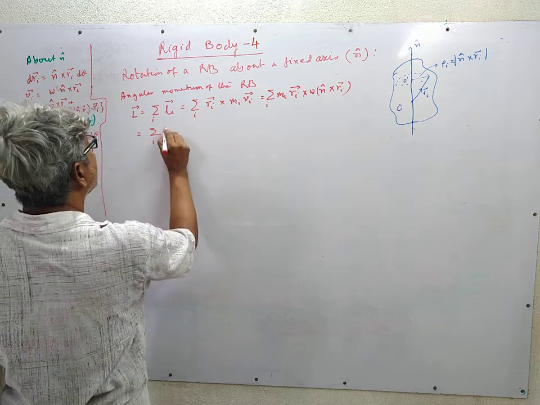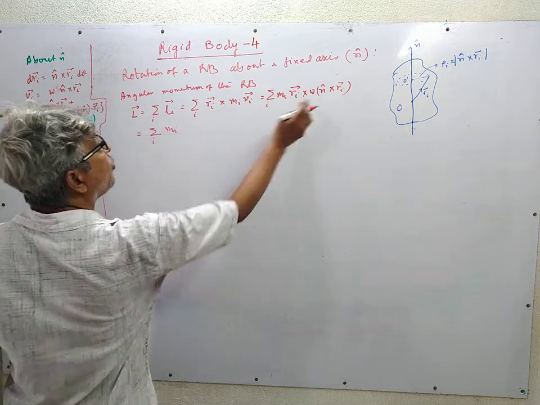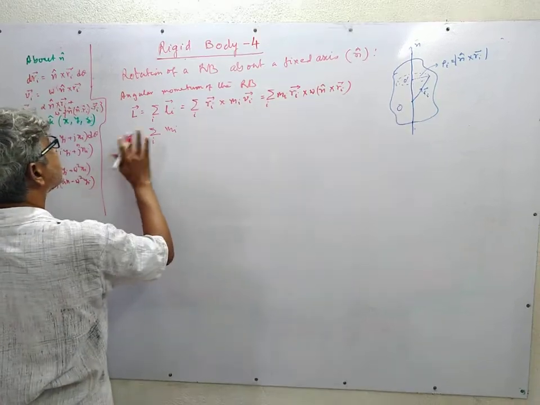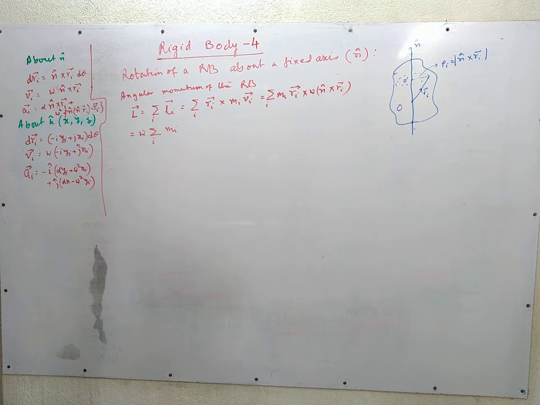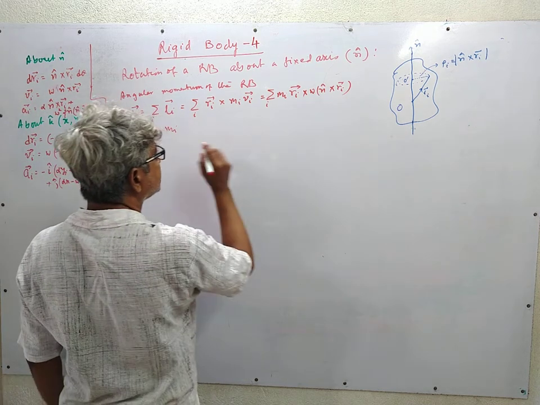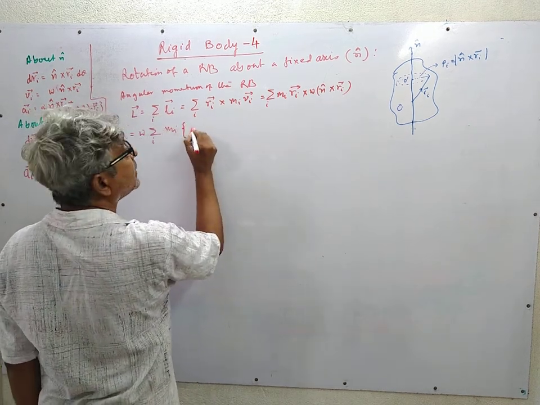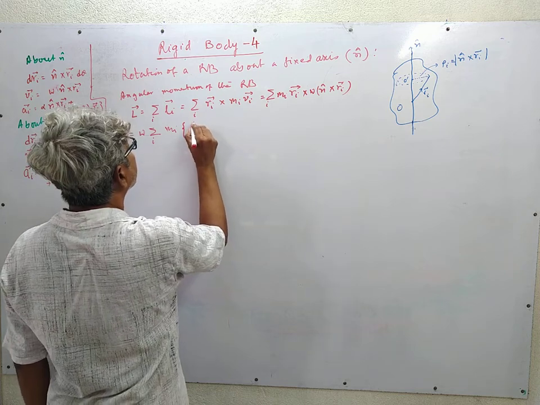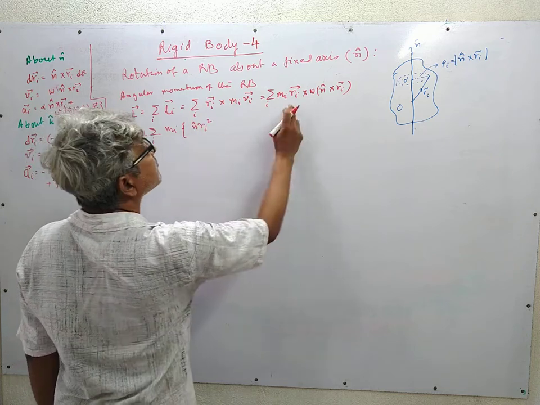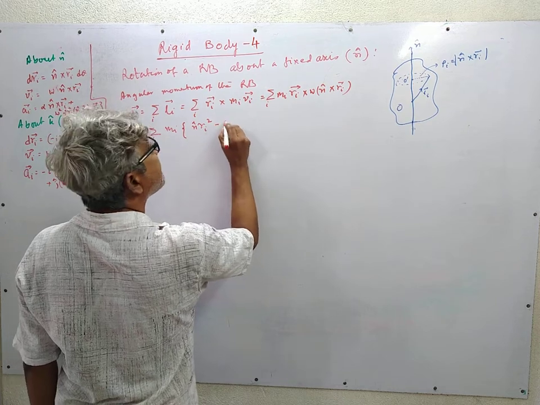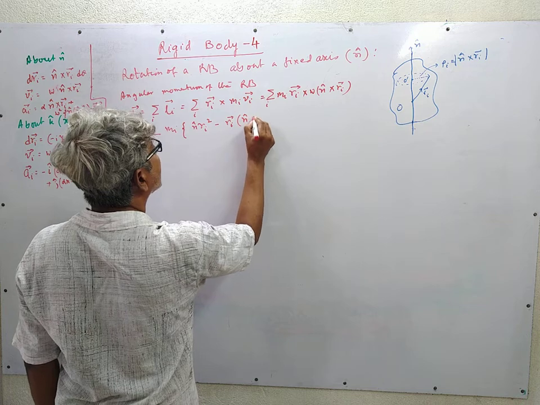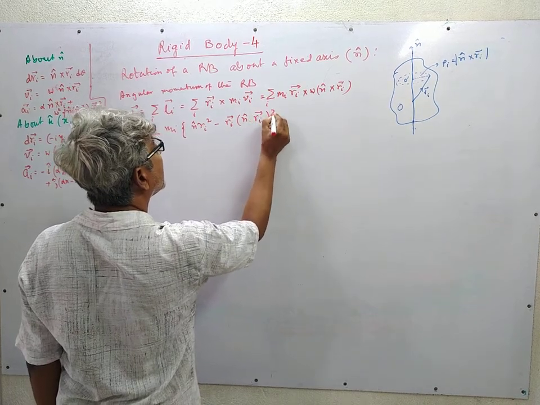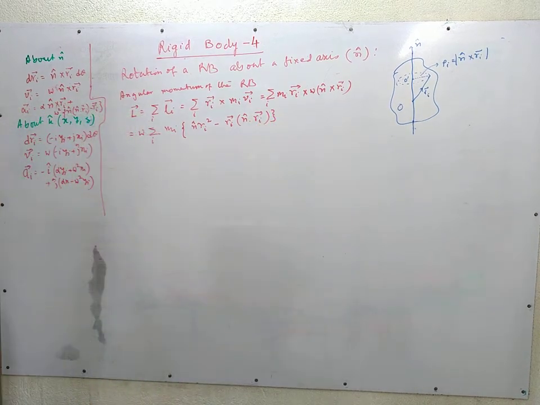Omega is the same for all the particles of the rigid body, so we take omega out of the summation sign, and the rest becomes Mi times (n cap Ri square minus Ri times n cap dot Ri). This is the general expression for angular momentum.